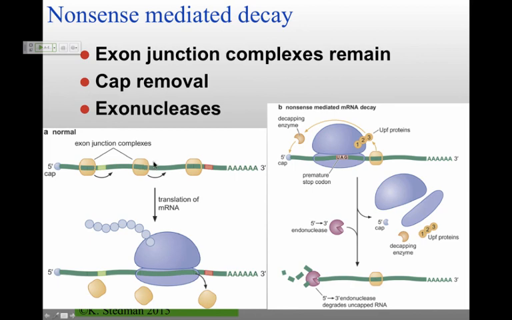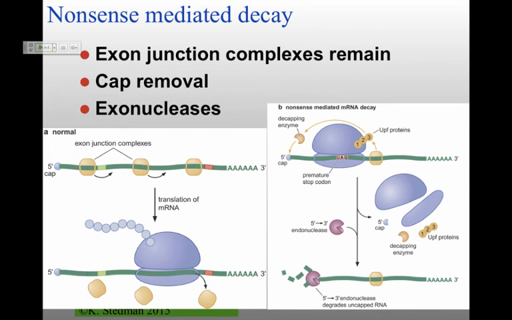In a normal case where you have translation, the ribosome bumps off all of these exon junction complexes until it gets to a stop codon, and you have the association of all the release factors. The ribosome comes off, everything's happy, it goes back and starts again.